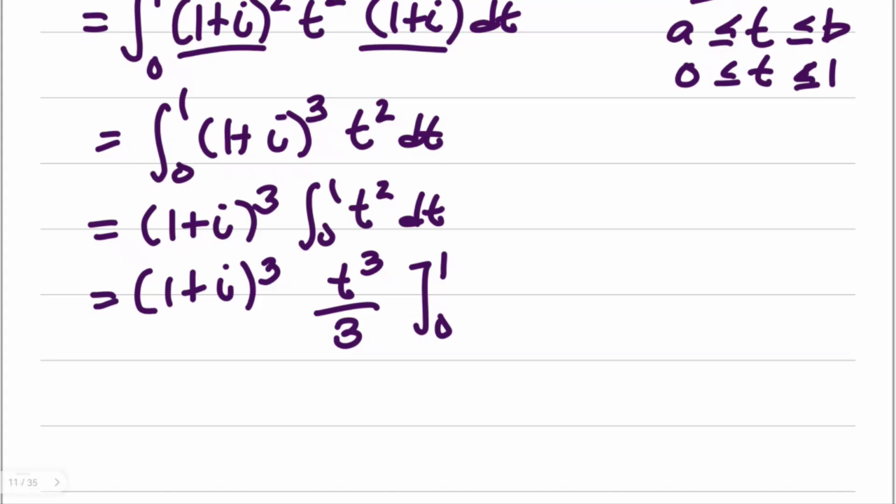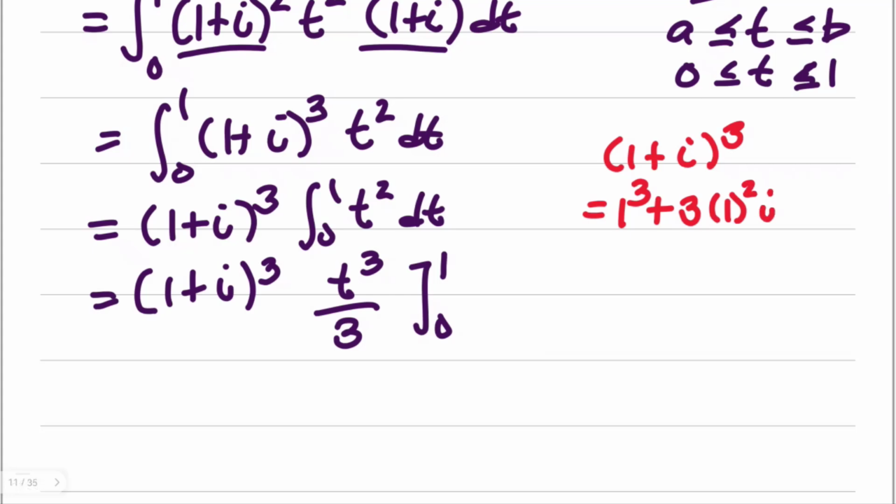Now, this may not be simplified, but since there are options later on that could be simplified, allow me to simplify that here. 1 plus i cubed. Using the special products, the cube of the first term plus 3 times the square of the first term times the second term, plus, it's plus because it's plus here, 3 times the first term and the square of the second term plus the cube of the third term.